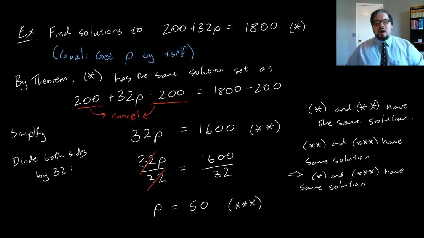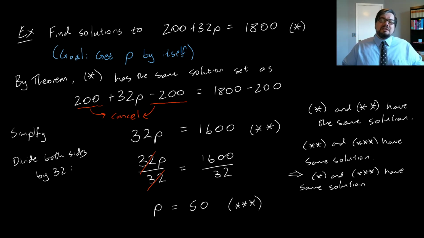And the reason why this is helpful for us is that the equation triple star is a very simple equation. It's the equation p equals 50. And if I want to know what the solution to that equation is, I ask myself, what number could I plug in for p? What real number value could p take in order to make this equation true? Well, one of the basic properties of real numbers is that a number is only equal to itself.